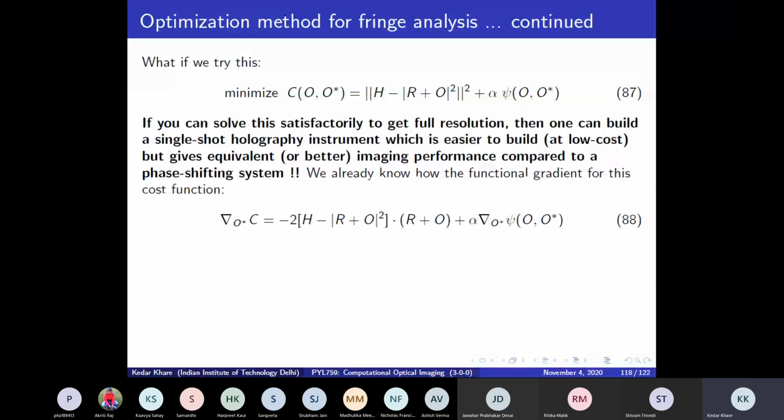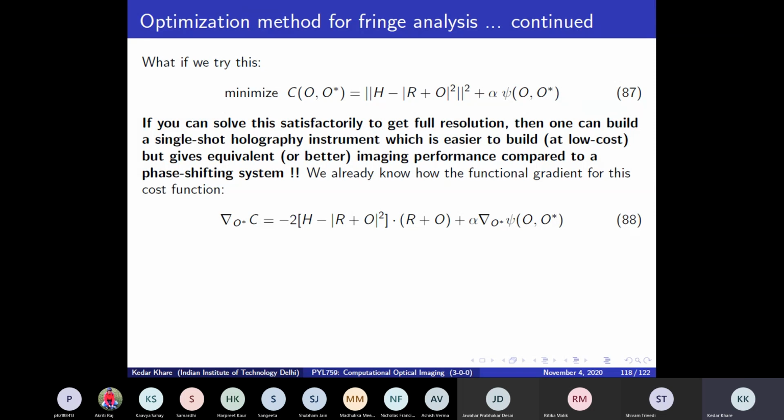So again, we have already done this before: if I see a cost function, then you already know by now that you have to get the functional gradient. And this functional gradient we already evaluated some time ago when I introduced the complex derivatives. So here, for example, this is the complex derivative for the error part, and there will be some complex derivative for the cost function, depending on what the cost function is.